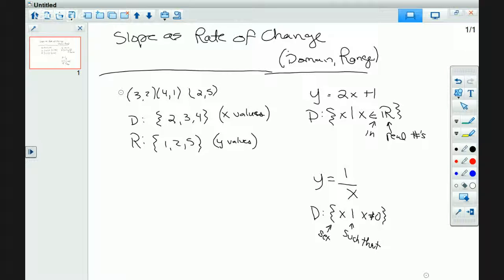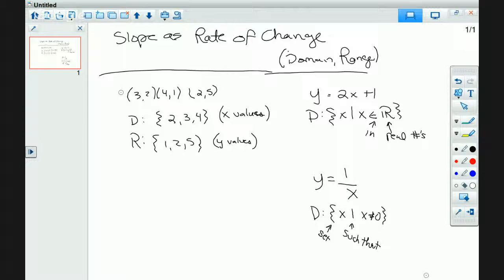Okay. And your range. Because I give them to you, right? But these, it's not so obvious. So the question is, are there any x values that I can't plug in? Because they would make bad calculations. This one would be 1/0, which is undefined.